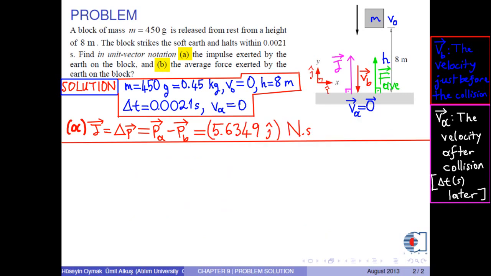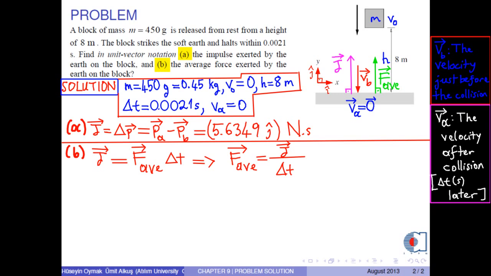B. Find in unit vector notation the average force exerted by the earth on the block. According to the definition of impulse, we have J equals average force times delta t. From this, we obtain a formula for the average force as J over delta t.